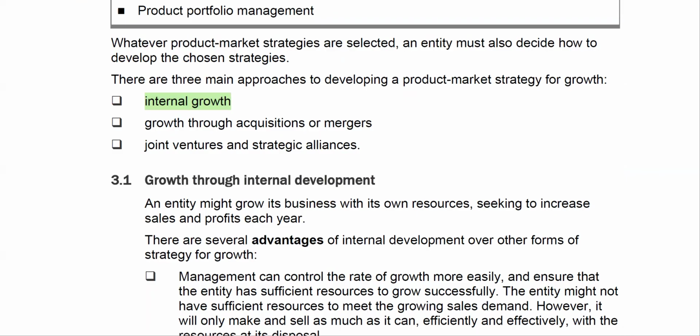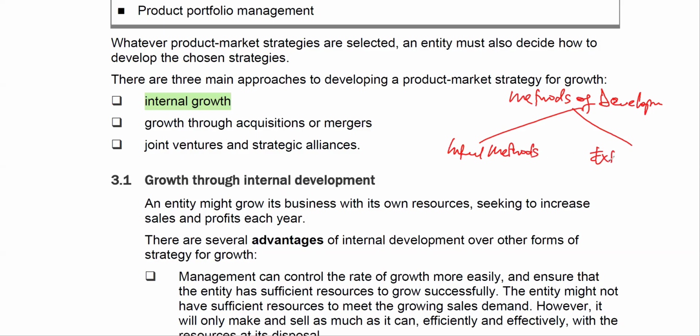In a broader context, when you want to develop as a company, you have two main ways. You have internal methods, or what we call internal development, and you have external methods or external development. Now, the internal method is what we call organic growth, where you grow with your own resources.